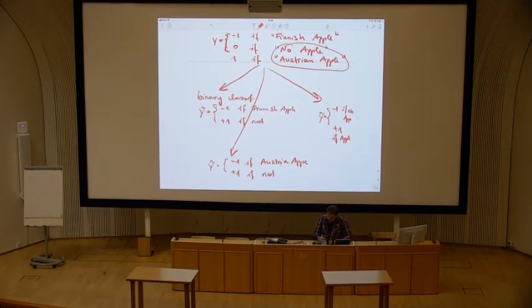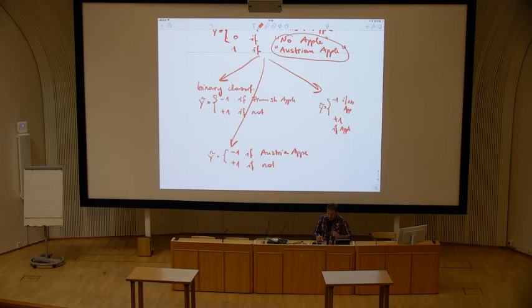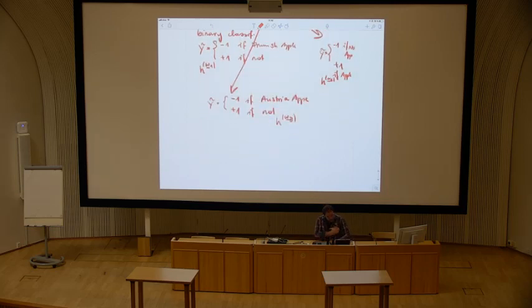And for each of these three classification subproblems, you learn, using logistic regression, for example, a classifier, which is characterized by the weight vectors W1, W2, and W3. And when there comes a new data point with feature vector x, you do the following. You evaluate the three predictors for the three subproblems and go for the one which has the largest magnitude, where you are most reliable in the decision, either positive or negative.